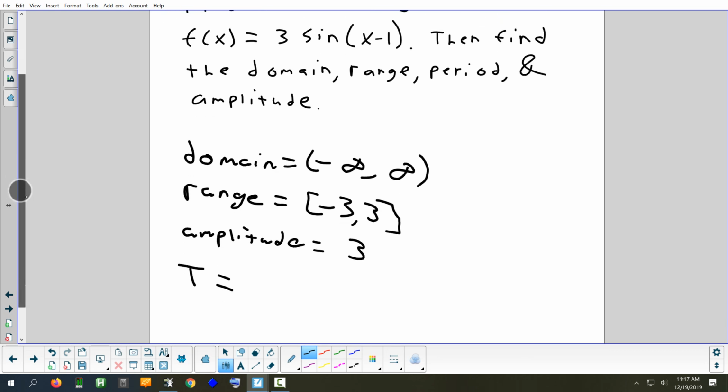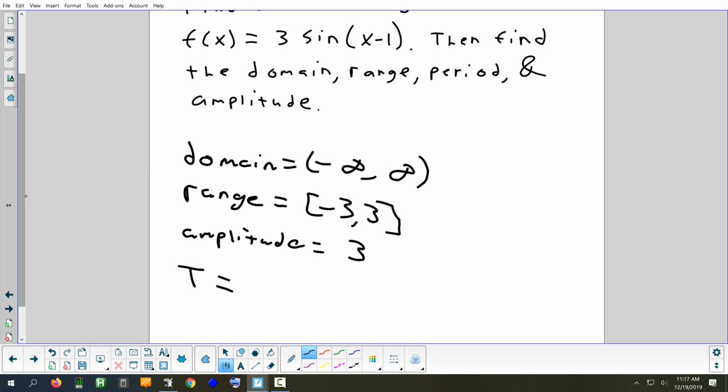And what's my, Kara, what's my period here? 5 and 9. So the period is a length, so it always has to be a positive number. Tell me, what's B in this case?